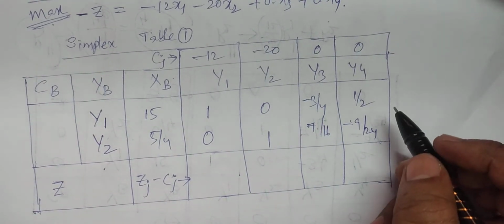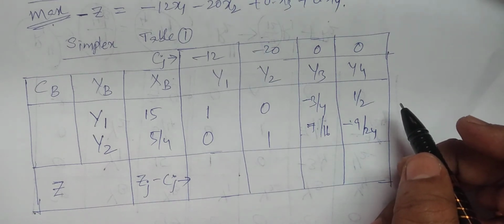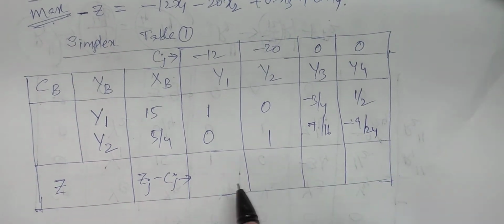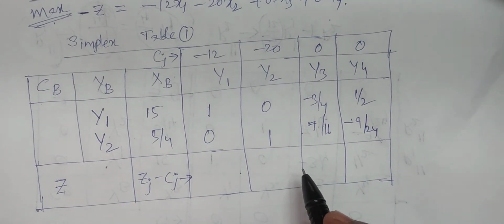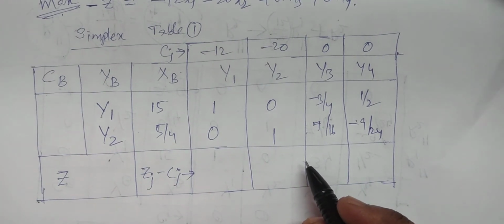These are the values we got at the end of simplex table 3. This is simplex table 3, the last simplex table in phase 1.